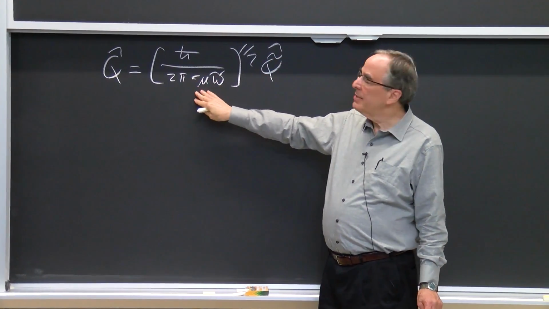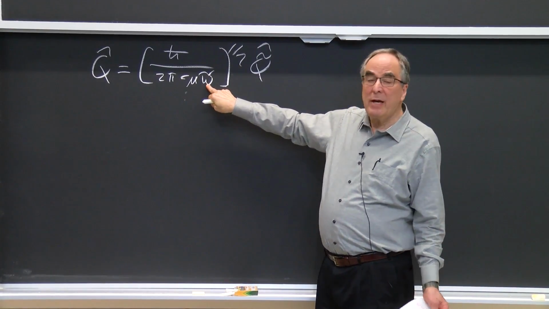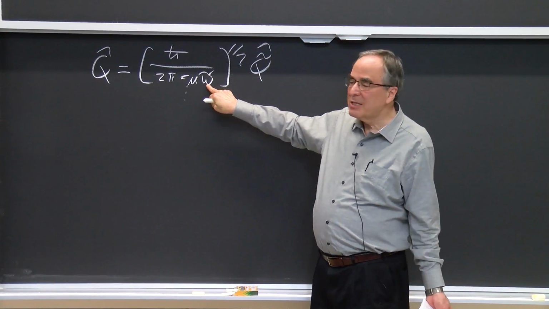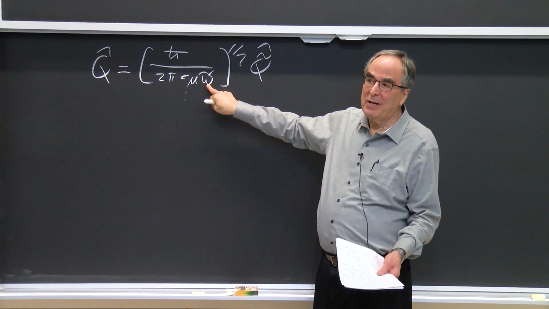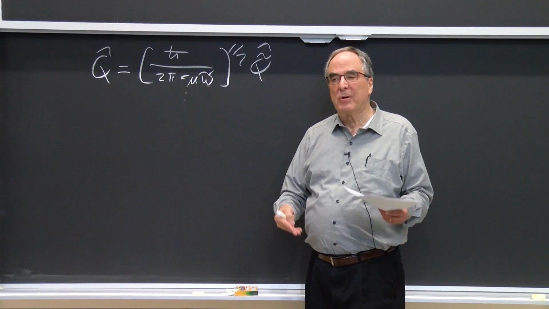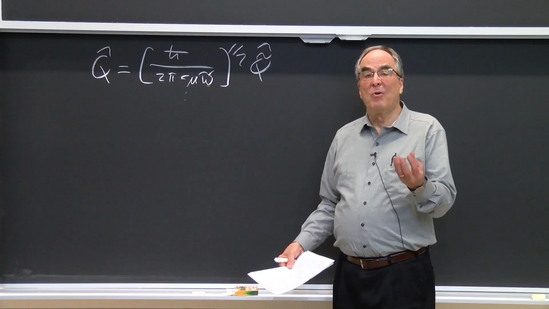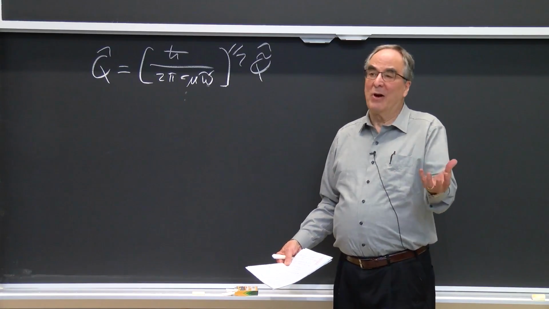And these are constants. And now I'm using omega twiddle because spectroscopists always use omega in wave number units, reciprocal centimeter units, which is a terrible thing because, first of all, wave number doesn't have a unit, it's a quantity.